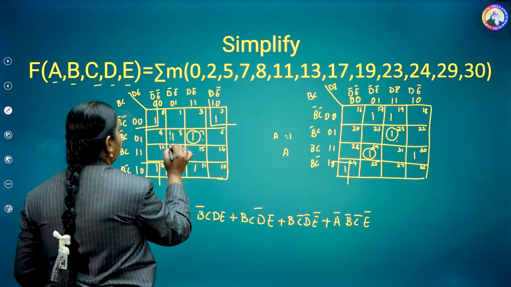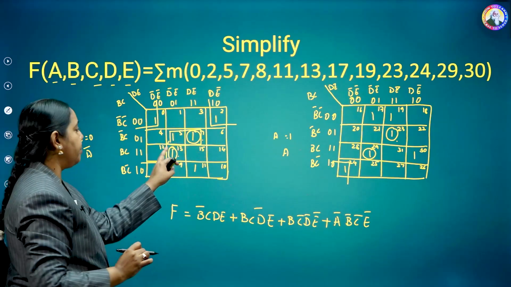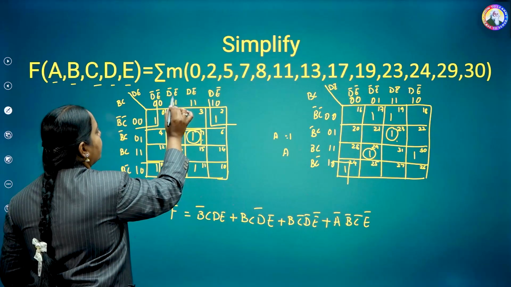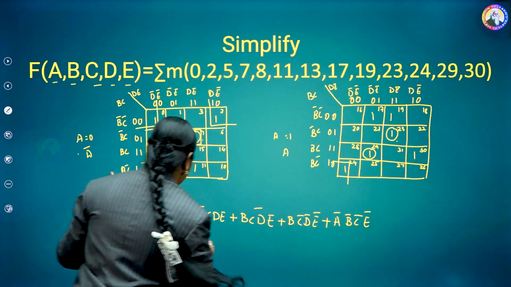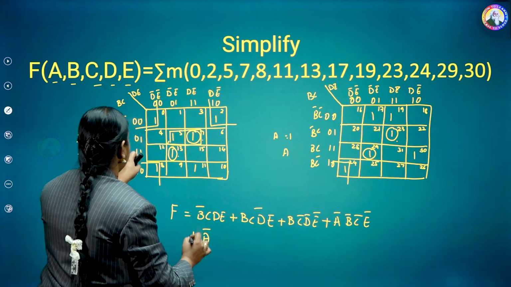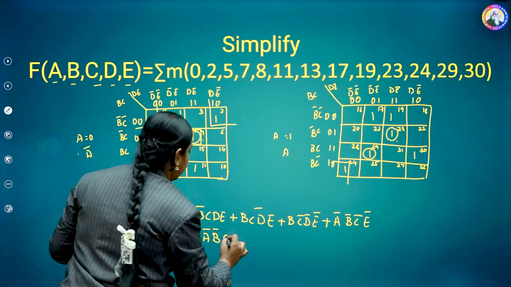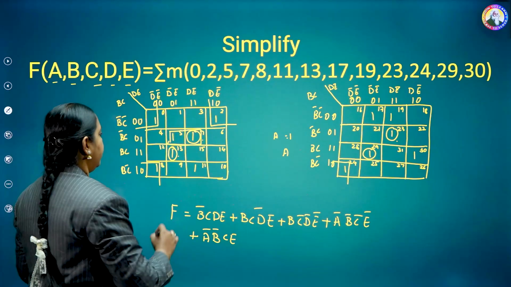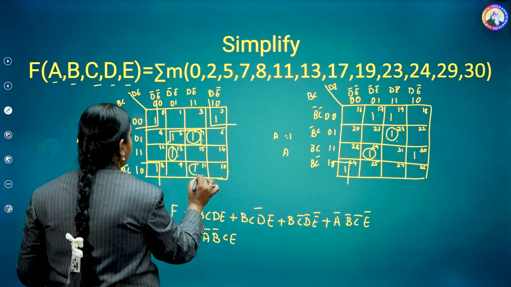Next, I'll go with these two. If I take these two, horizontal grouping, D bar will get cancelled. So what is the leftover term? Plus A bar, B bar, C, D bar is cancelling, so E. A bar, B bar, C, E. Next I am having only this one, an individual one, with no further grouping.